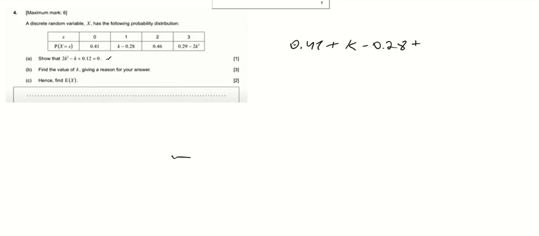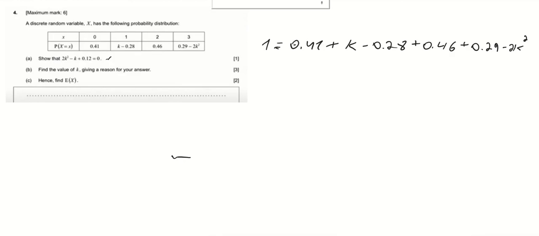We have 0.46 and 0.29 minus 2k squared, and the sum of all those probabilities must equal 1.